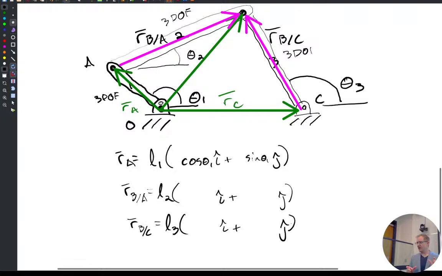Then we need these other two parts as well. What is BA and what is BC?